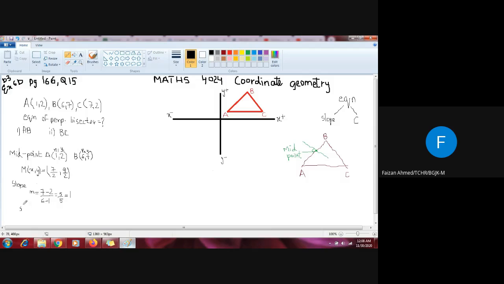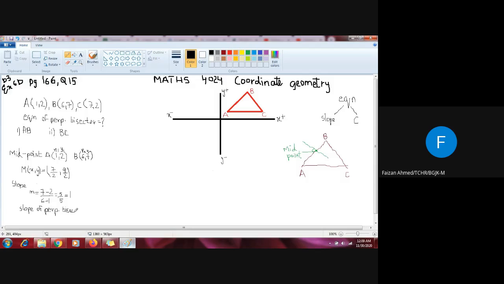So I can write it like this. The slope of perpendicular bisector. I am writing it in short: perpendicular, and instead of writing the whole word bisector, I am just writing bisect.